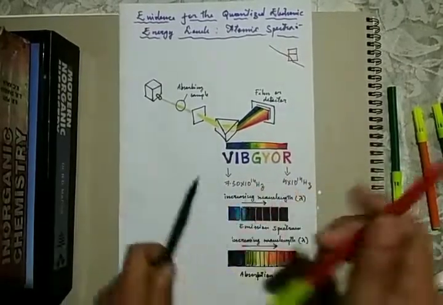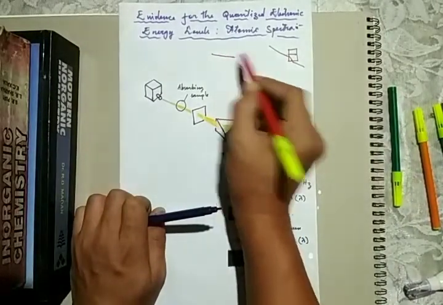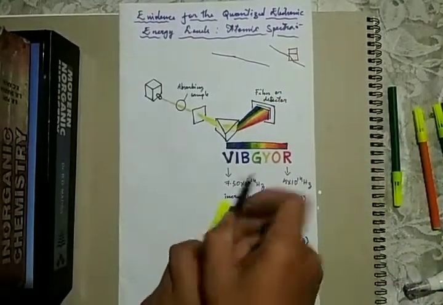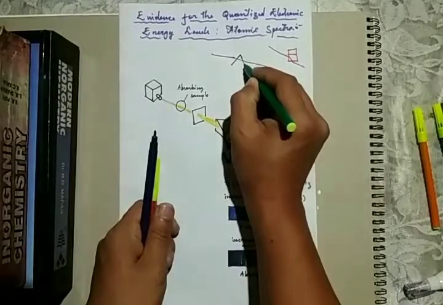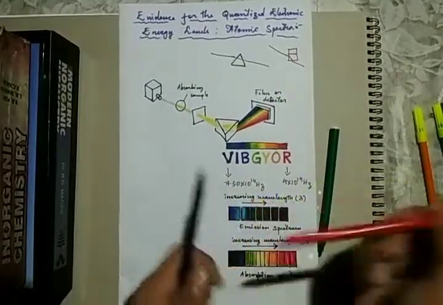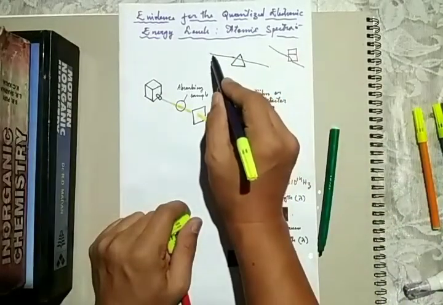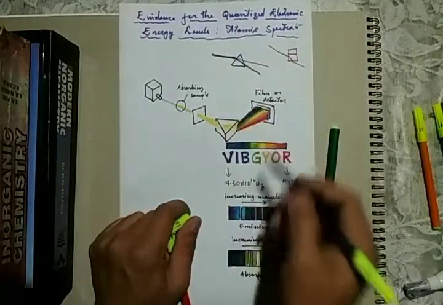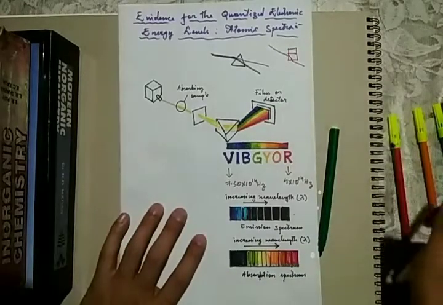So red color has a higher wavelength and it hardly bends, but violet has a shorter wavelength and bends, or deviates, more than the red wave of light.